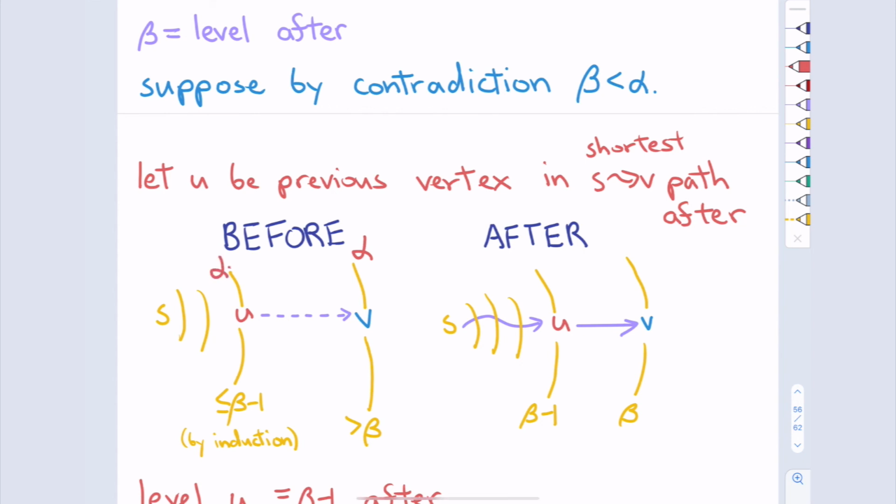And so this is alpha minus 1. So I know that U was at level alpha minus 1 before. And I'm already assuming the claim for alpha minus 1, so by induction on levels, I know that, oh, I'm sorry, I messed this up.